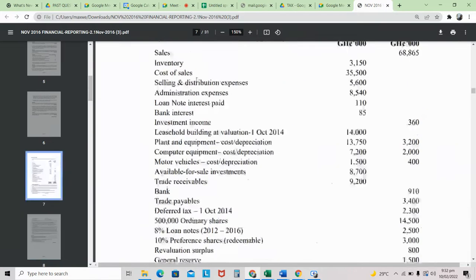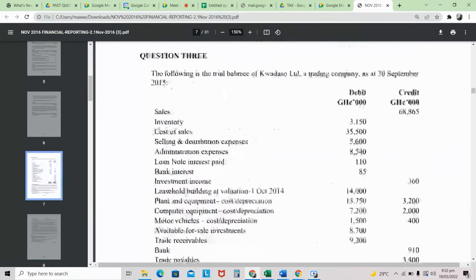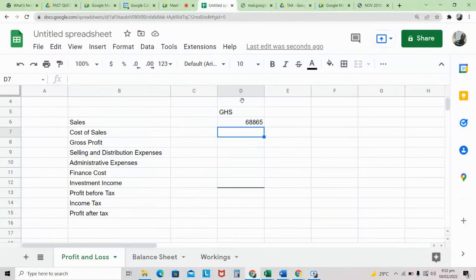The cost of sale, they give us the figure straightforward, so we can just put it here. And once you know your sales and cost of sale, you can find your gross profit.